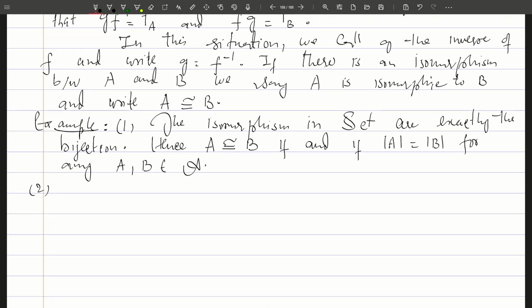Let us take the second example. The isomorphisms in the category Group are exactly the group isomorphisms.